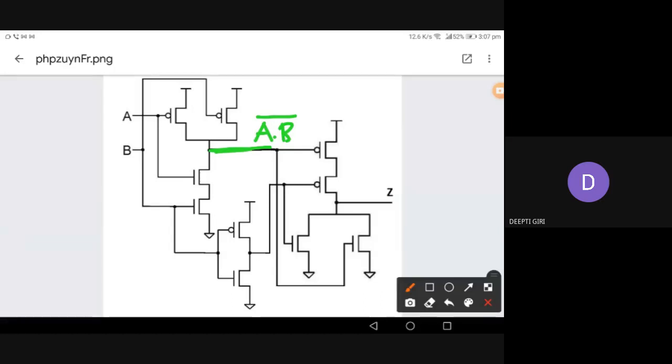A and B are the inputs, and the output is (A into B) bar, right? And this is going to the input of the PMOS and NMOS. You can see (A into B) bar is going to both.